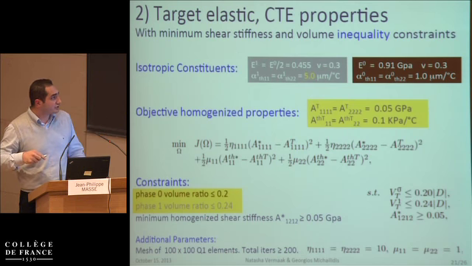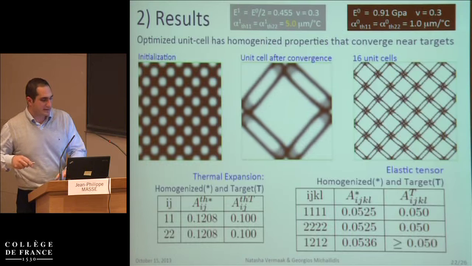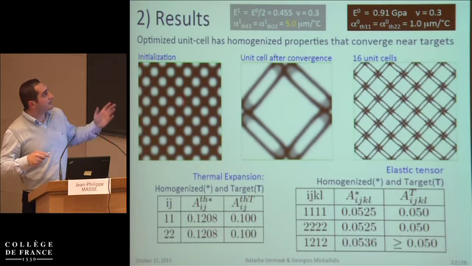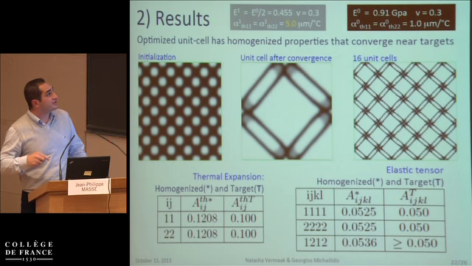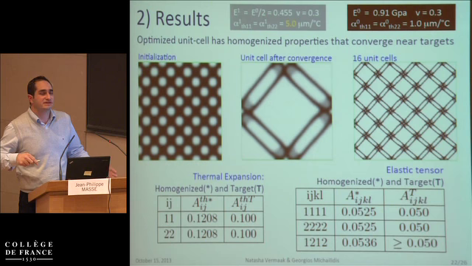We set some resource constraints and an inequality constraint for the shear stiffness, setting a minimum limit for its value. And starting again from a random initialization, we get the following optimized form with homogenized coefficients which are close to the target coefficients, while the inequality constraint for the shear stiffness is satisfied.